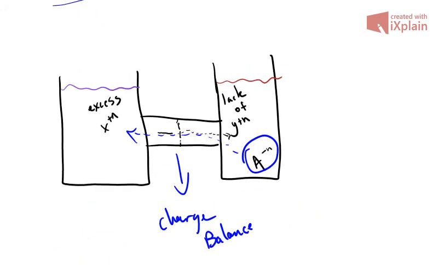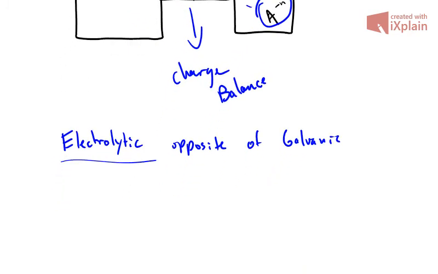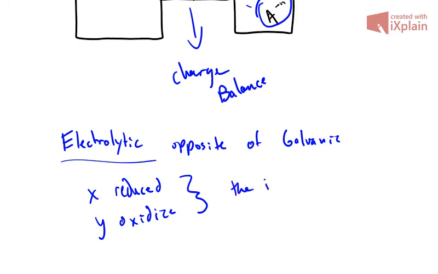Since a galvanic or voltaic cell happens spontaneously and goes one direction, the electrolytic cell is the opposite in that the same reaction that we saw up top is going to go the opposite direction, and so X is going to be reduced and Y oxidized, and since the forward reaction was spontaneous, this reverse one requires the input of electricity.